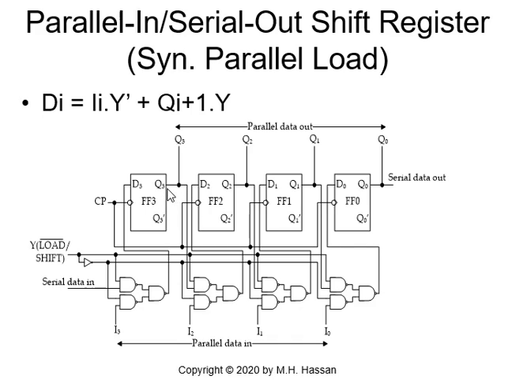So the D will have a Q3. For instance, if I'm looking at the D2 here, the input, what I need is Q3 to be connected to D2. This will do it. D2 will be Q3 Y. If Y is 1, D2 will have a Q3.